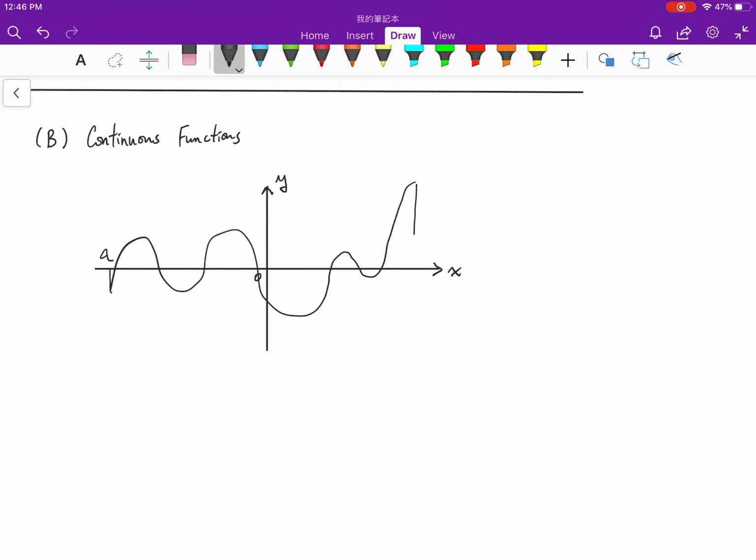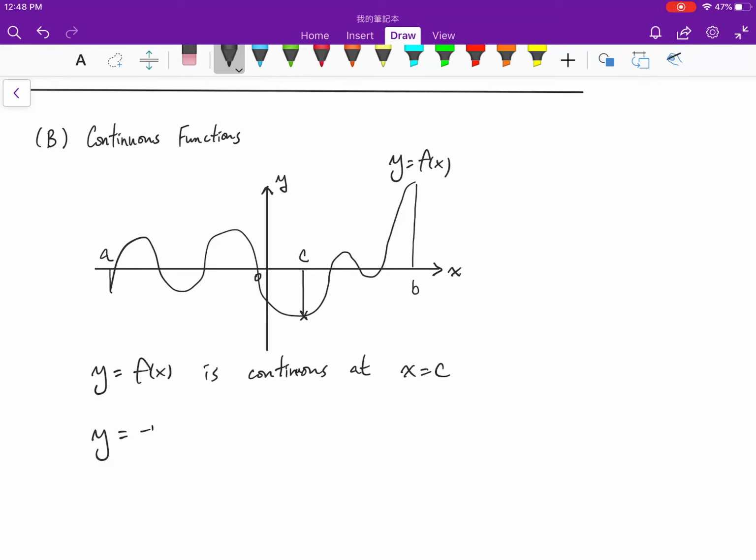This is A, and this is B. Let's make a point C here. Because this function is continuous, it actually continues at any point. So we can say y equals f(x) is continuous at x equals c, because at c it is continuous.